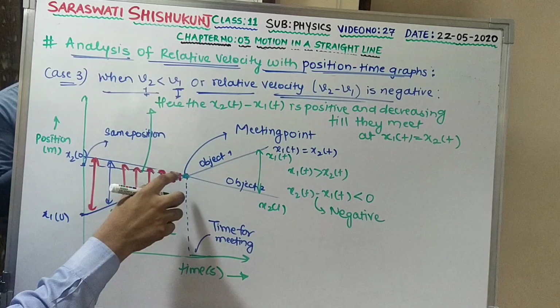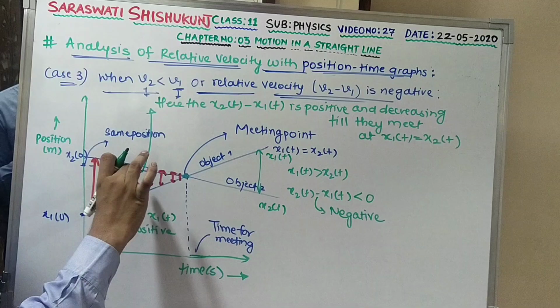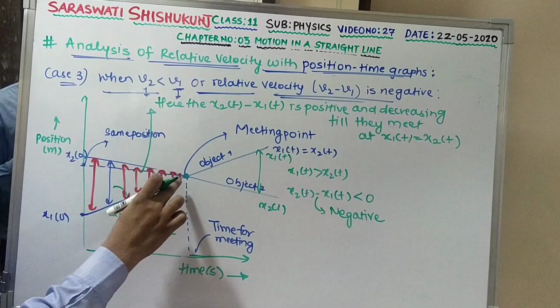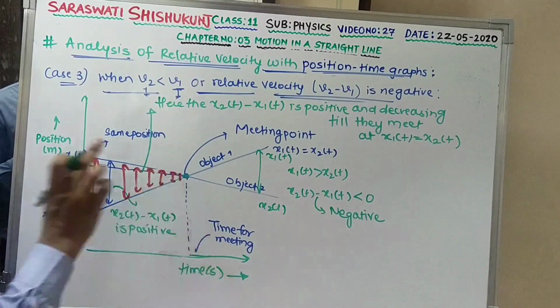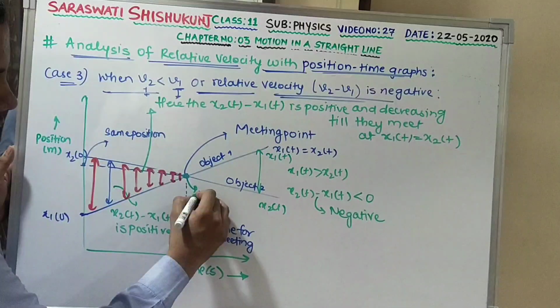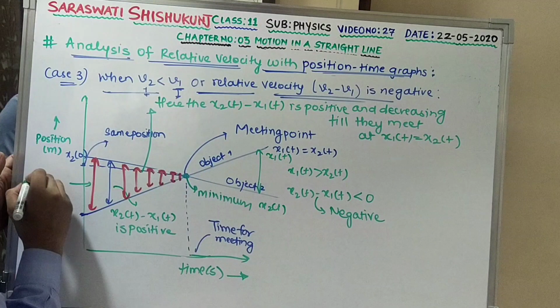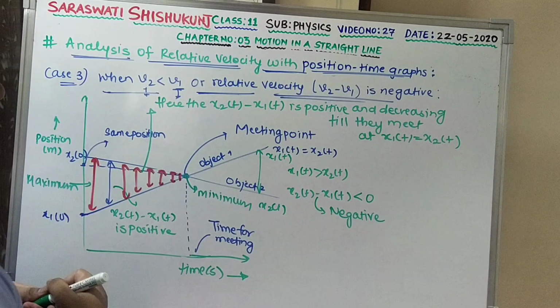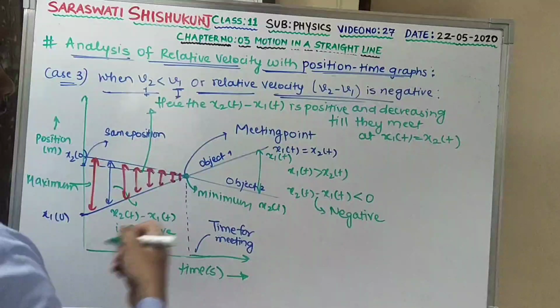It is decreasing till they meet. The meeting point is over here. It is maximum over here, then it starts decreasing. Though it is positive, it is decreasing. When they meet, it's minimum. Here and here you will find it is maximum. Is this clear? Now what happens after meeting?